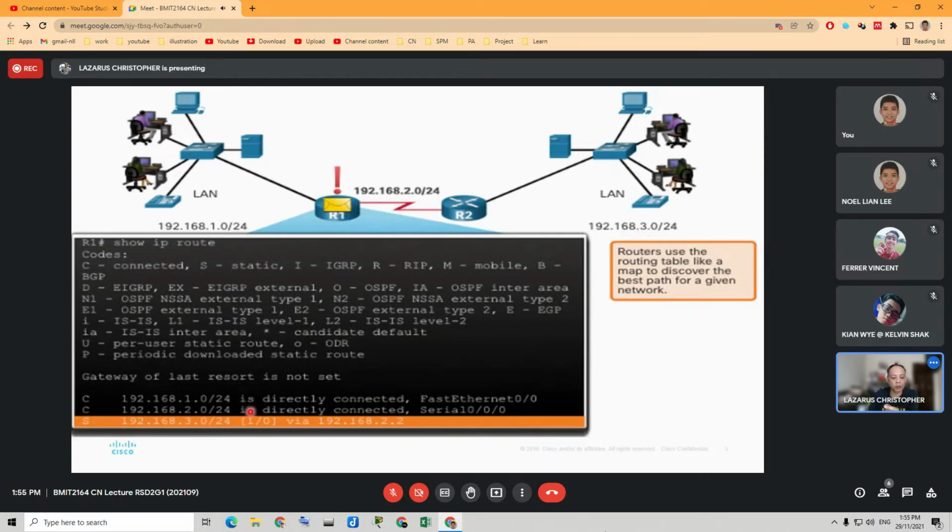So you can see here as an example, 192.168.3 matches via 192.168.2. So you know that this is via this. You find again in the routing table 192.168.2.0. Yes, it matches this one. The first match is this, to match via this.